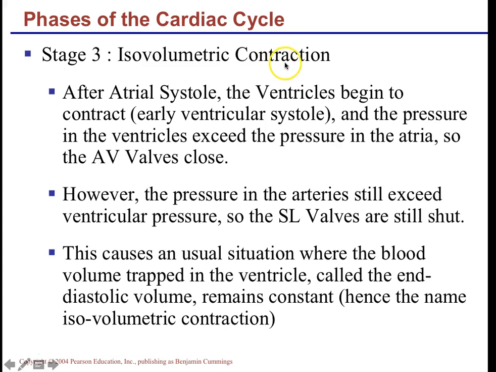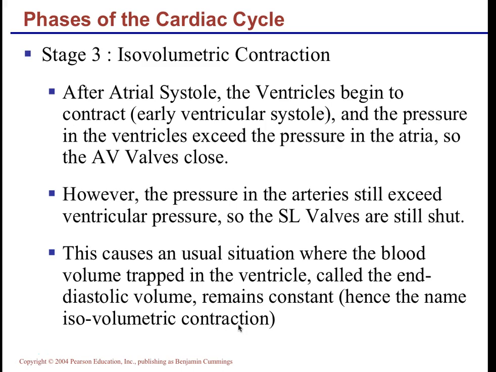In early ventricular contraction, there is a time when the volume of blood in the ventricle is the same because it cannot go up, it cannot go down. So we call it isovolumetric contraction, and the amount of blood that's trapped in there is called the end diastolic volume.